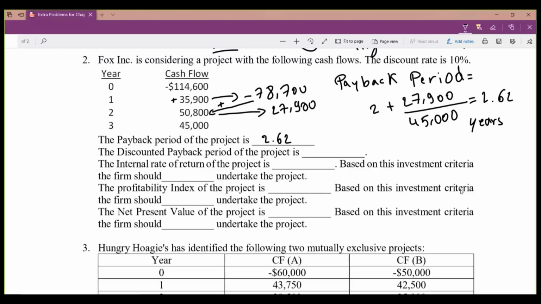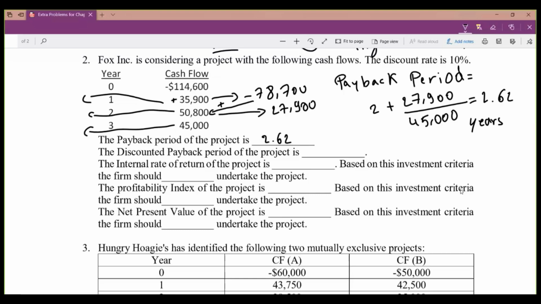Now for the discounted payback period. So here, for the discounted payback period, I need first to find the present values of those cash flows. So here, individually, for each cash flow, I need to find its present value.